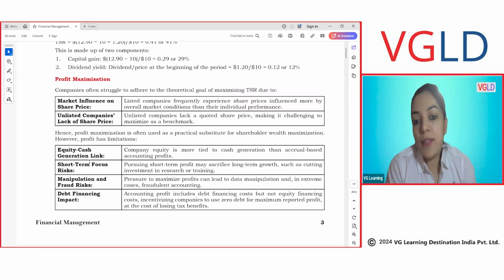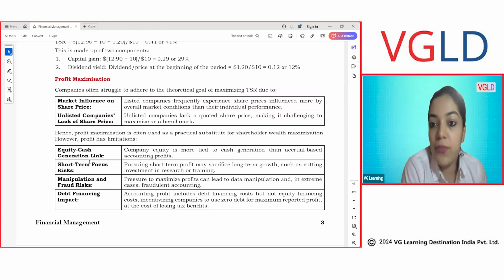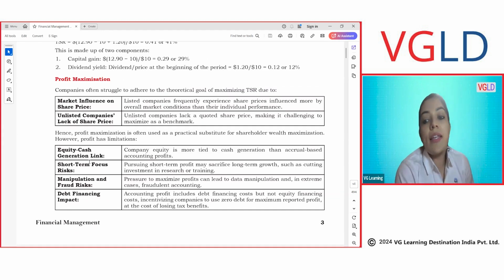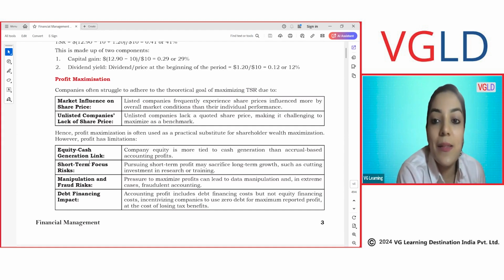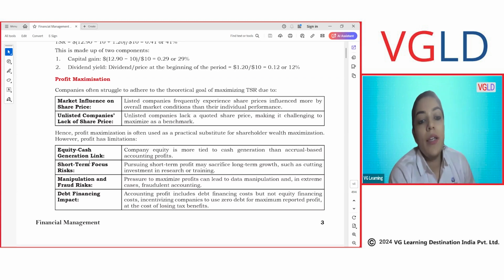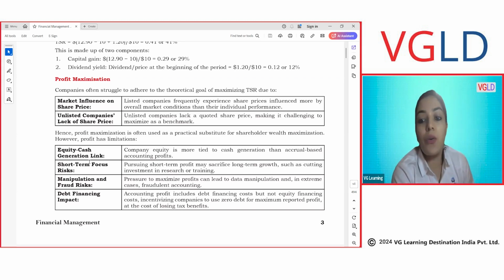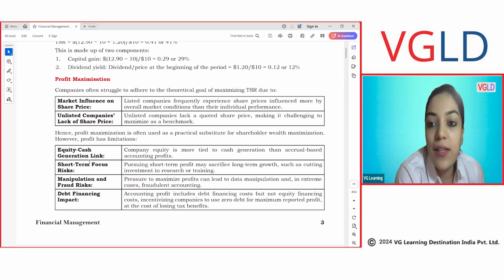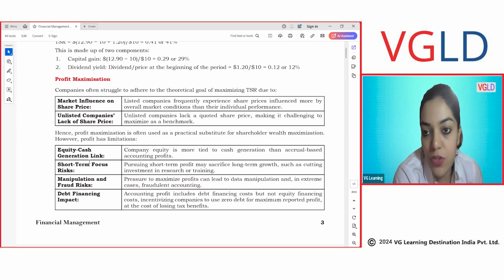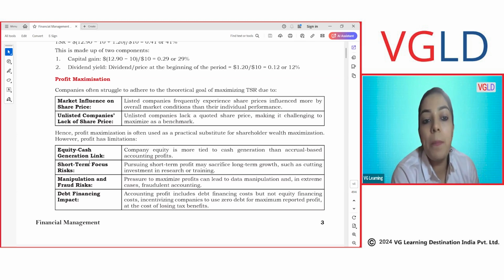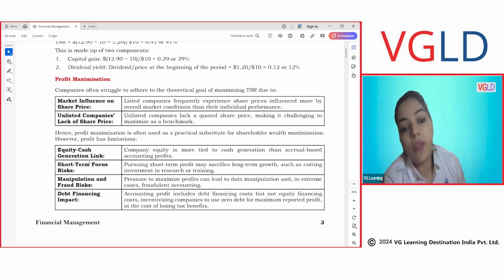So share prices tend to get influenced by market phenomena. Then unlisted companies lack a quoted share price, making it challenging to use as a benchmark to maximize. So it's very difficult to maximize the share price of an unlisted company. Hence, profit maximization is often used as a substitute for shareholder wealth maximization. In cases where wealth maximization cannot be measured accurately, profit maximization is done.